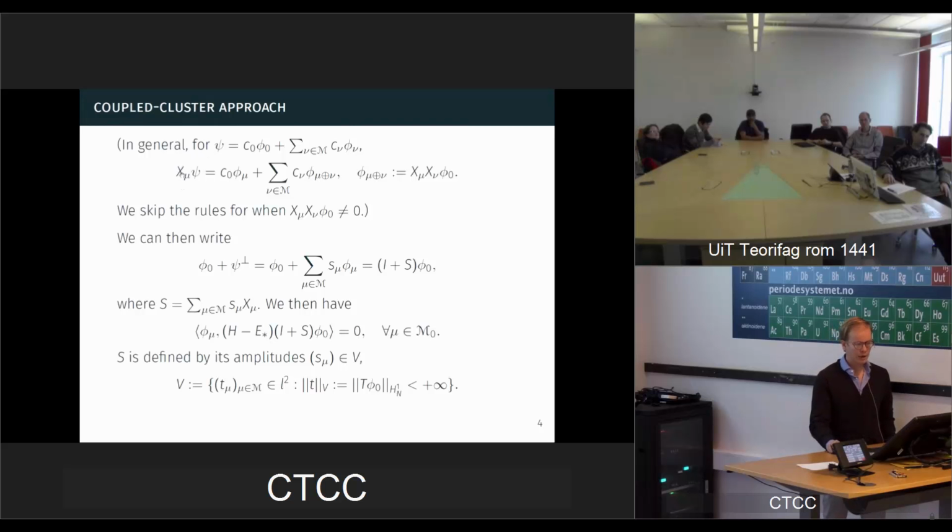Look how an excitation operator acts on a general wave function, but then it quickly becomes much more complicated, and I won't deal with that here, so we will skip this. But as an example, if we look at this thing here, for instance, if we have a 2-electron system, then we have to restrict.